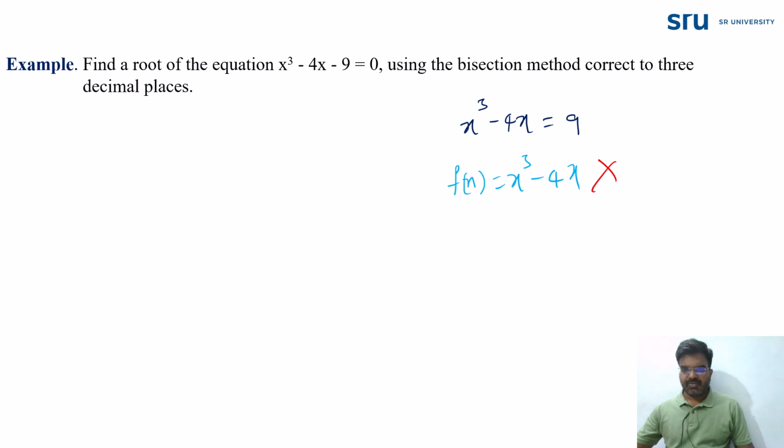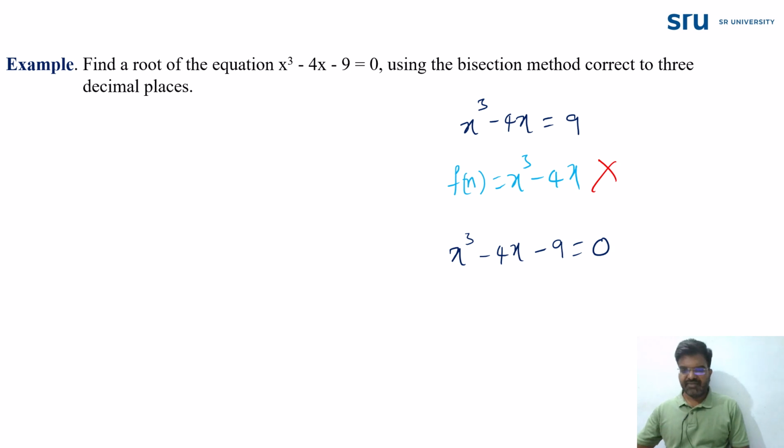Look, first from the given equation, you can write x cube minus 4x minus 9 equal to 0. Always you have to keep 0 on the right hand side. Then you have to consider f of x.